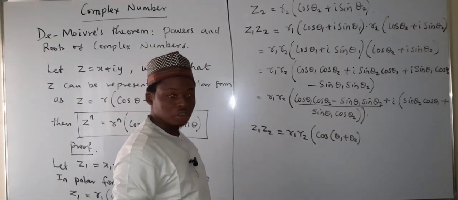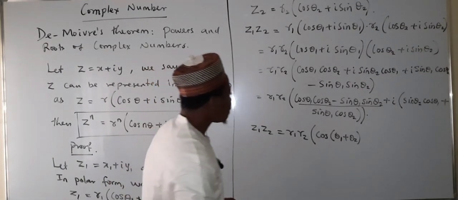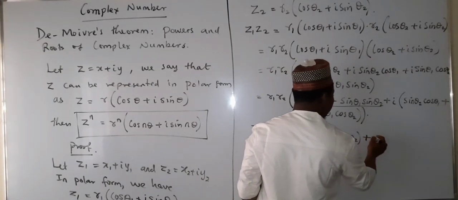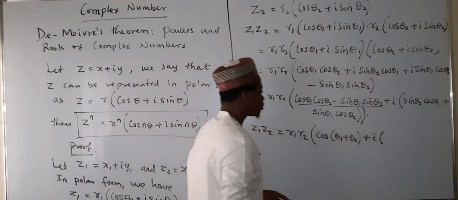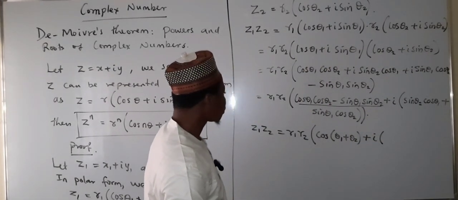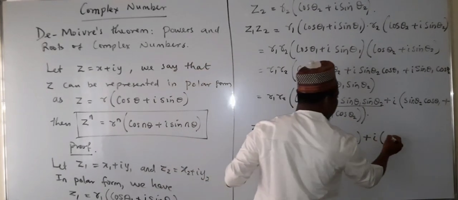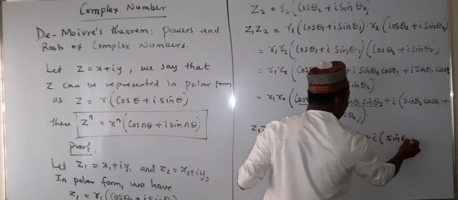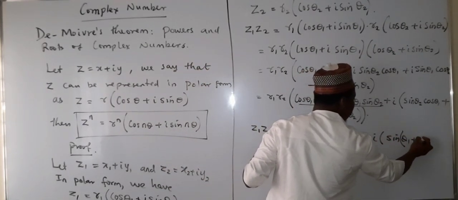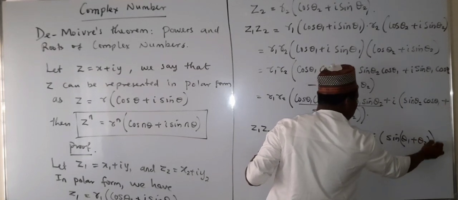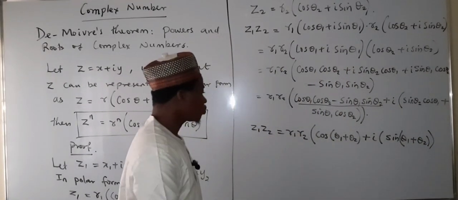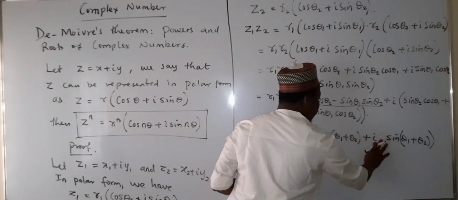Back to trigonometry, compound angle. Then plus i, open bracket, so this is sin theta 1 plus theta 2.